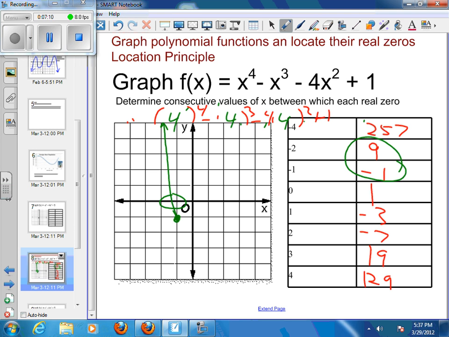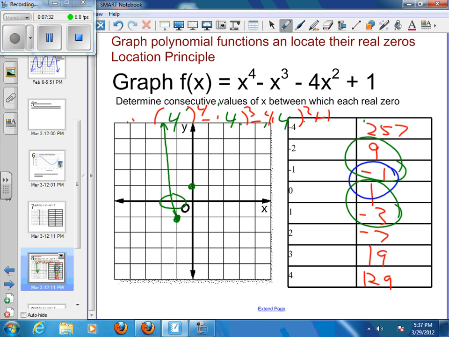Then at 0, I am at 1. So somewhere right in here, I'm turning around and going back to positive again. And then I'm turning around immediately and going back to negative again. So I've got my 3 zeros right there, really close to the y-axis. Let me plot those in there for you. At 0, I'm at 1.